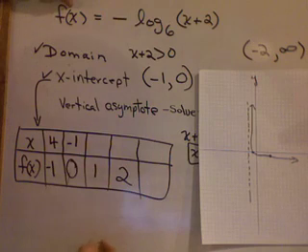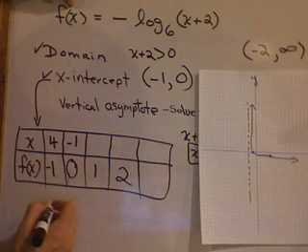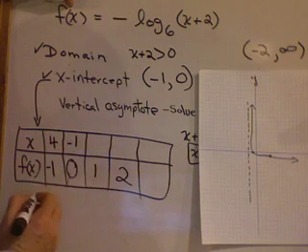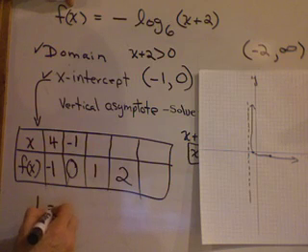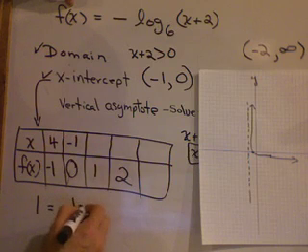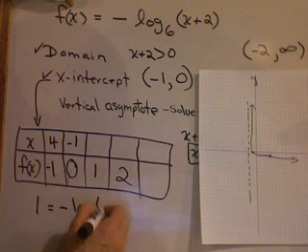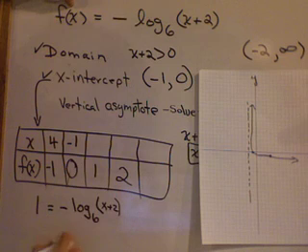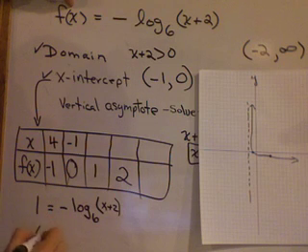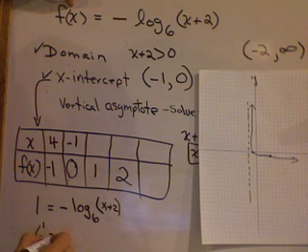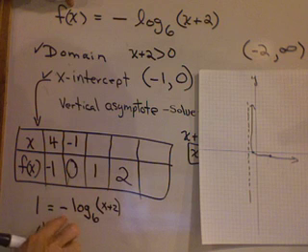So that means my f of x is 1. So how do I figure what the x would be? 1 equals minus log base 6 of x plus 2. How can I solve that for x? Exponent form. 6 to the 1 equals, oh dear, we've got that negative again.